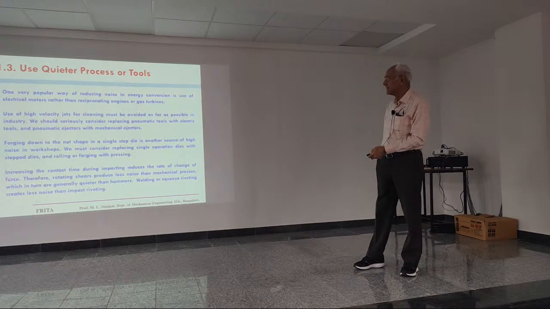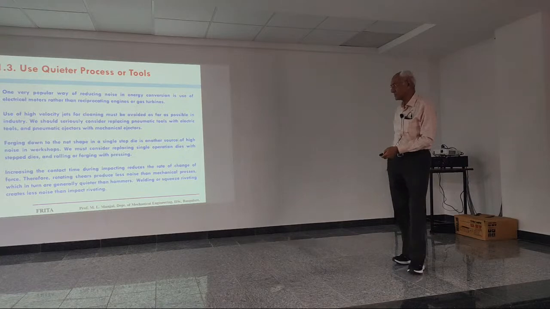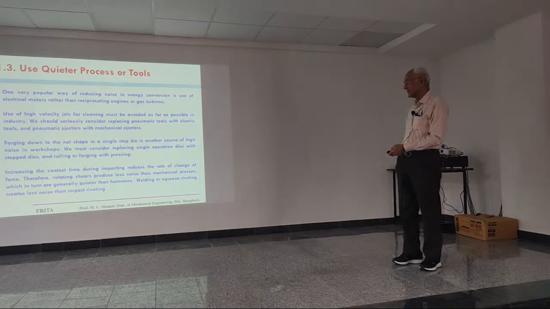Next, increasing the contact time during impacting reduces the rate of change of force. Therefore, rotating shears produce less noise than mechanical presses, which in turn are generally quieter than hammers. Similarly, welding or squeeze riveting creates less noise than impact riveting.